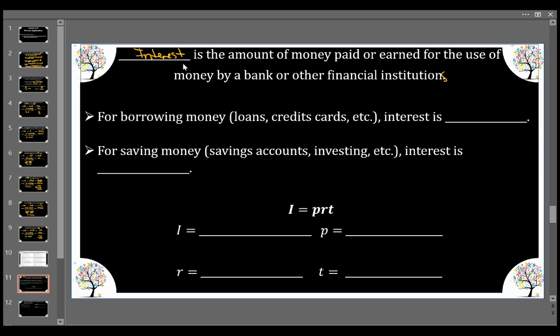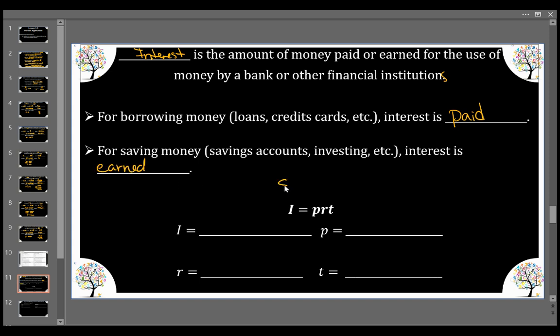If you invest money, you have your original amount plus the amount of interest that your money has earned. So if you borrow money, interest is paid. So you have to pay the money back plus interest. For saving money, such as savings accounts, investments, etc., interest is earned.